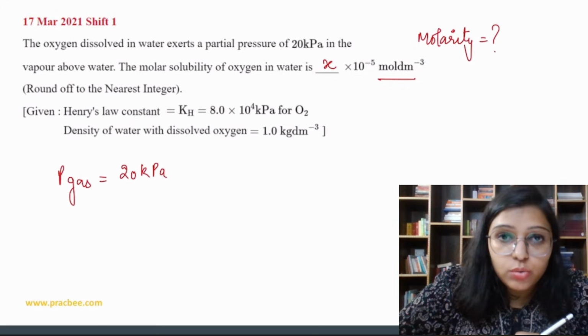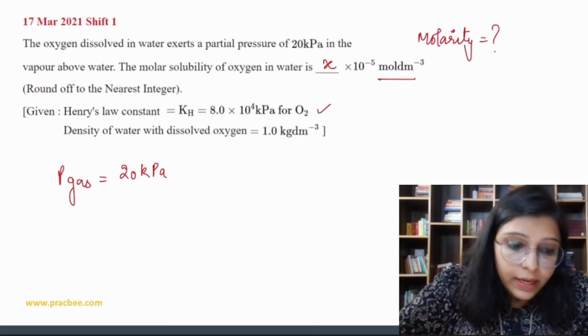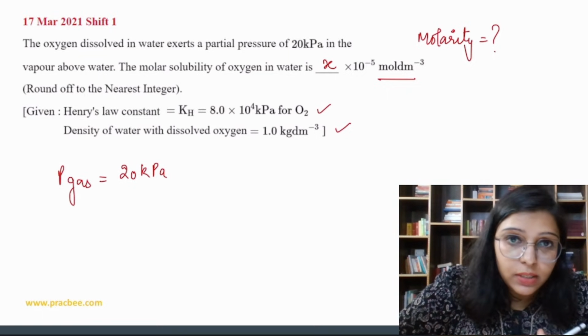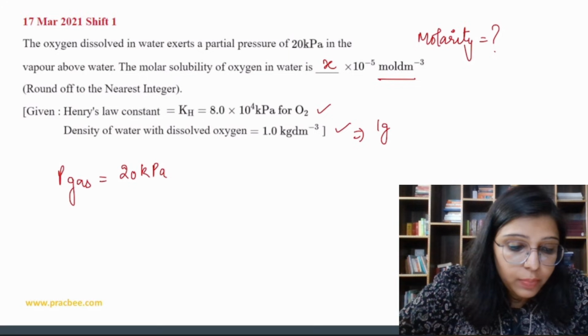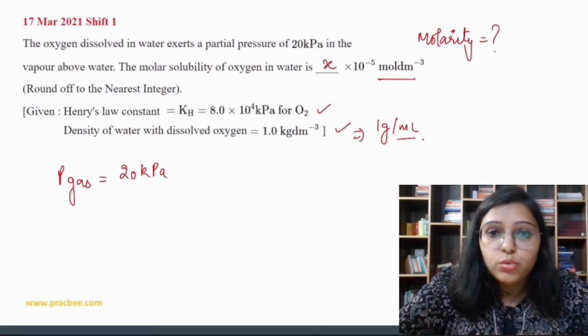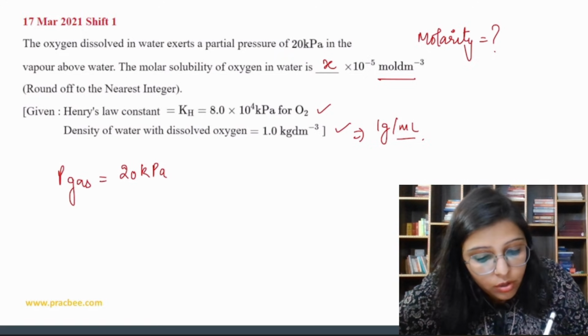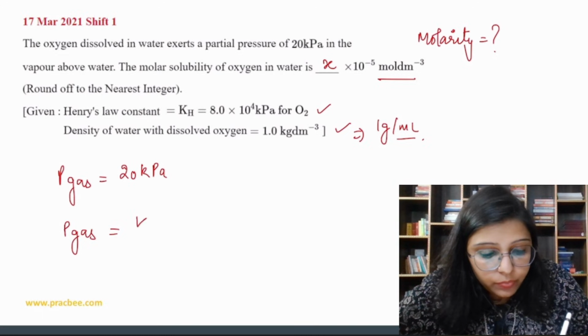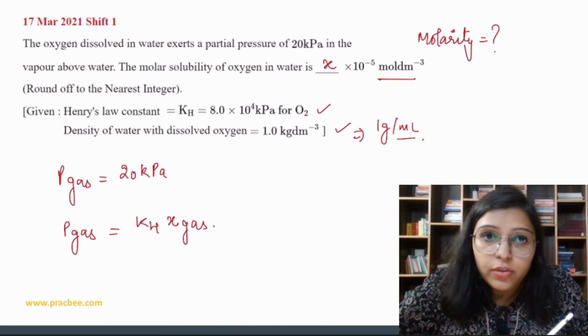Okay, so how to solve this question? Kh is given and density of water with dissolved oxygen is given, that is 1 kilogram per decimeter cube, or we can say 1 gram per ml, right? So see, pressure of gas is equal to Kh into mole fraction of gas.